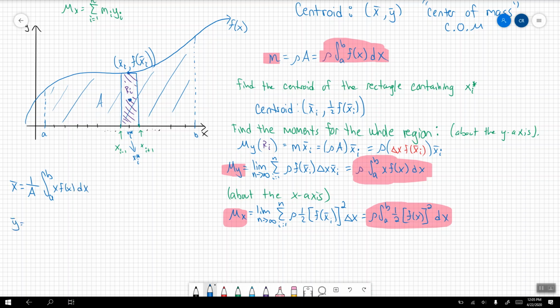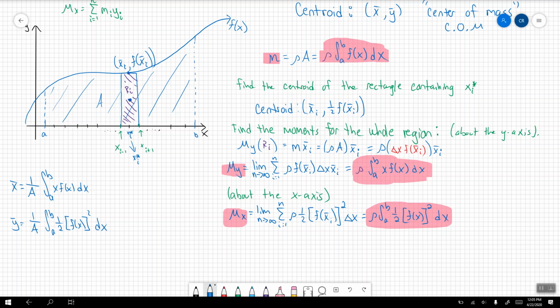And y bar will be 1 over the area multiplied by the integral from a to b of 1/2 multiplied by the quantity f of x squared dx. So this is how we find our centroid, or our center of mass, by using these items here.